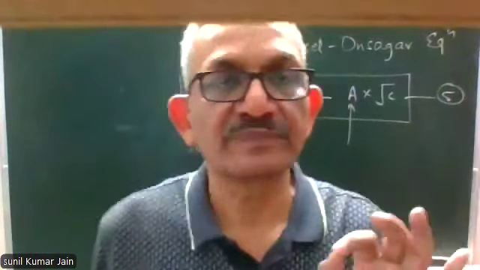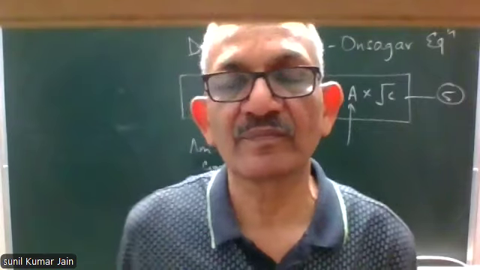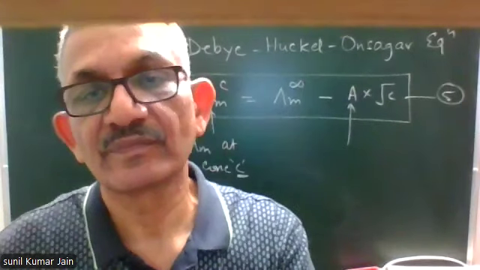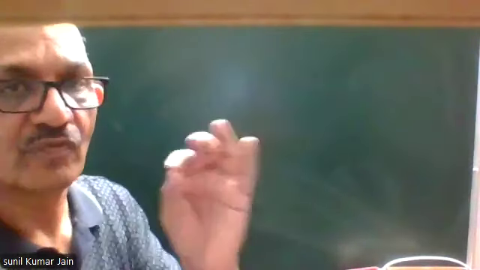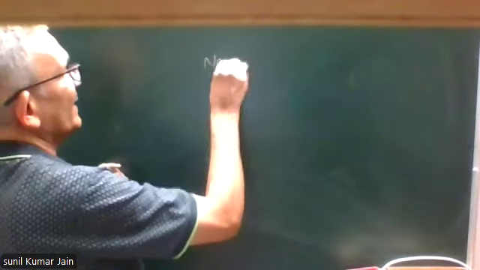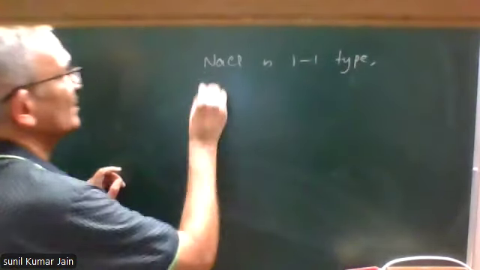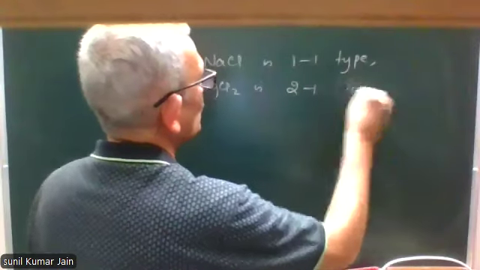On the basis of charges of ions, electrolytes are of different types. For example, please copy from the board. For example, NaCl is 1,1 type, MgCl2 is 2,1 type.